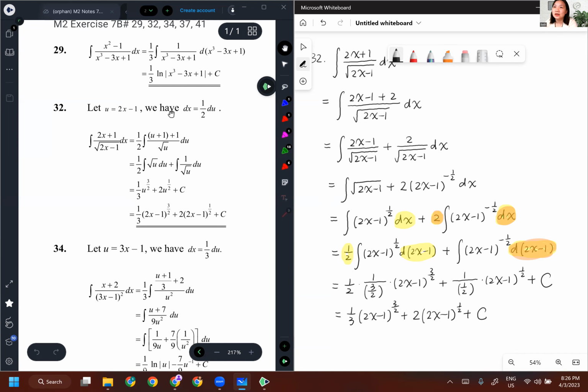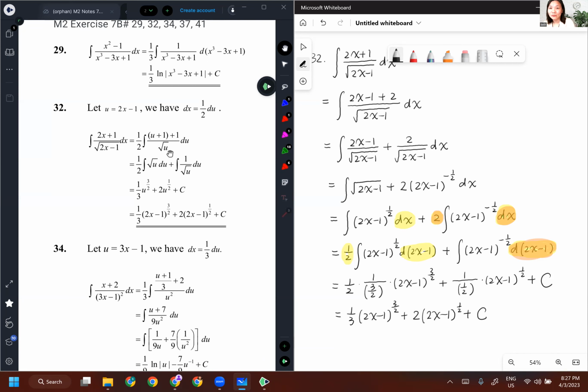And also you see when I used the substitution, I changed the variable x to the variable u entirely. That means everywhere. In some of your homework, I still see you use a mixture of u and x. I hope that can be avoided in the future. That just shows the maturity of your skill.